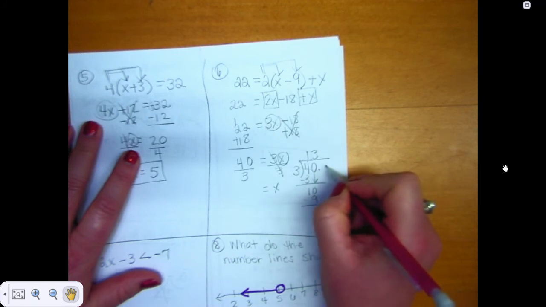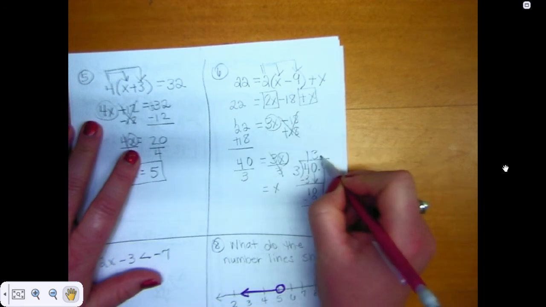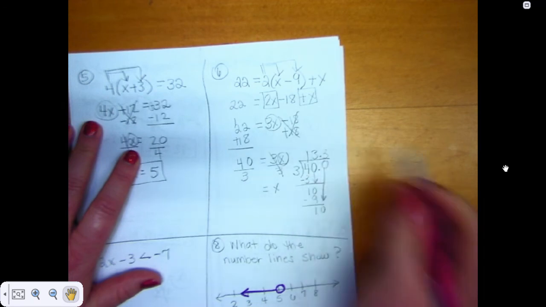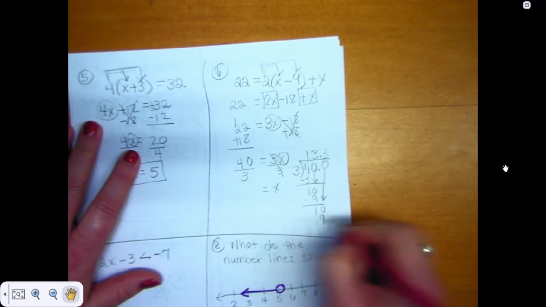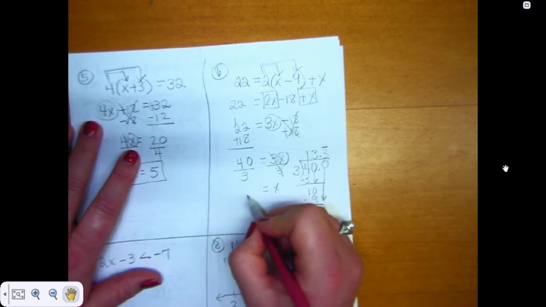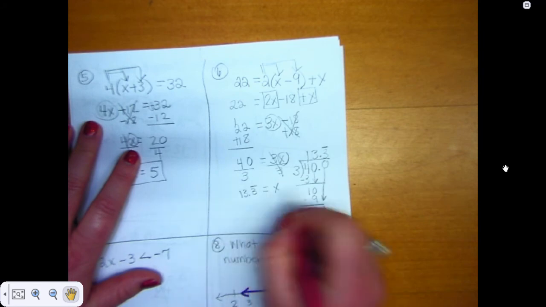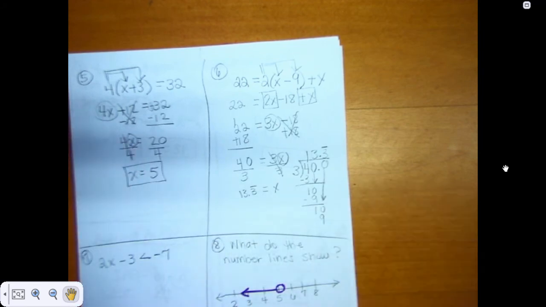So I'm just going to add a decimal, put a 0, and bring it down. And I'm going to get 3 again. 3 times 3 is 9. And this is going to be a repeater. So my x is equal to 13.3 repeating. If you had done this to get a fraction, you would have got 13 1/3. So if you did it as a fraction, it would be 13 1/3.